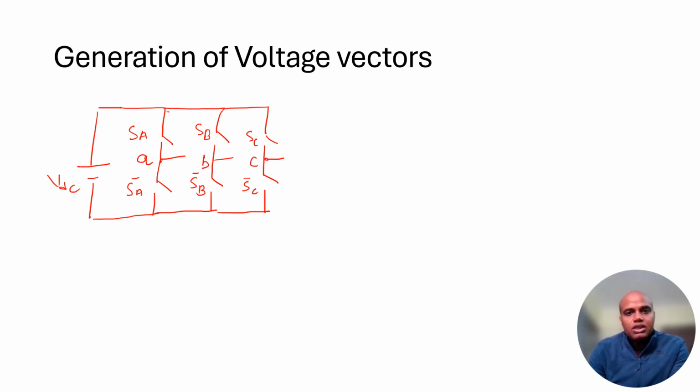So now let's consider the voltage vector V1, which has the switching state 1 0 0. If this happens, it means that SA is state 1, which is this switch is closed, and 0 means SB is open, and then SB dash becomes 1, which is also closed, and similarly SC dash is also closed.